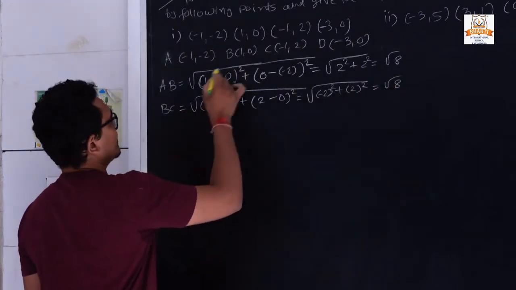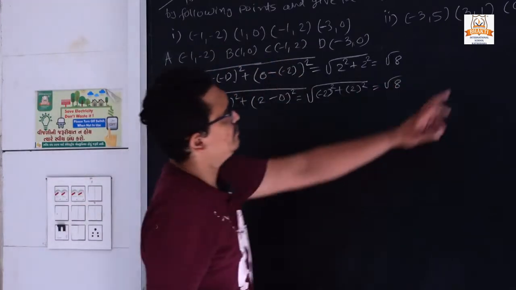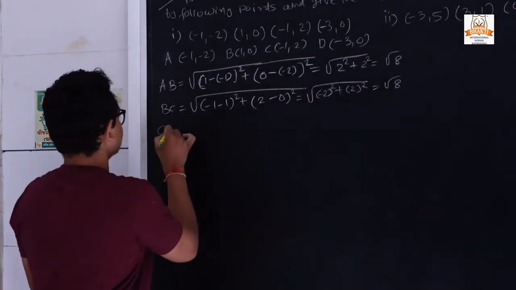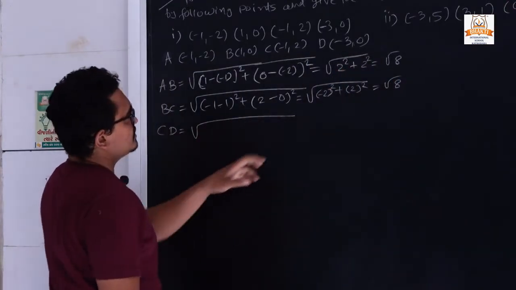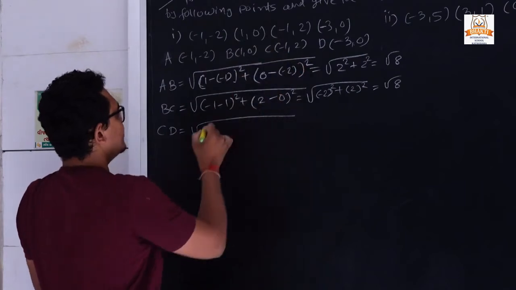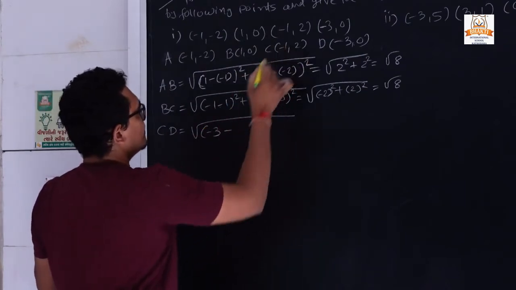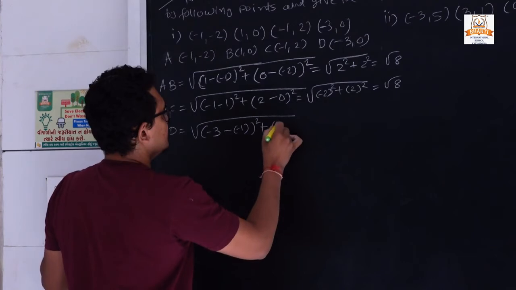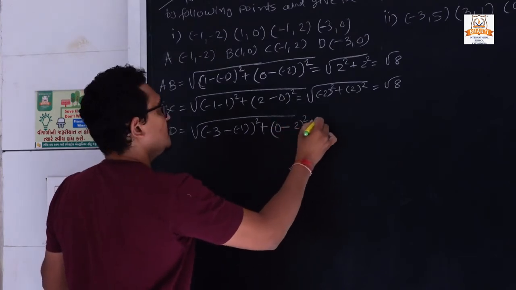Now we find CD. For C and D, minus 3 minus 1 all square plus 0 minus 2 all square.